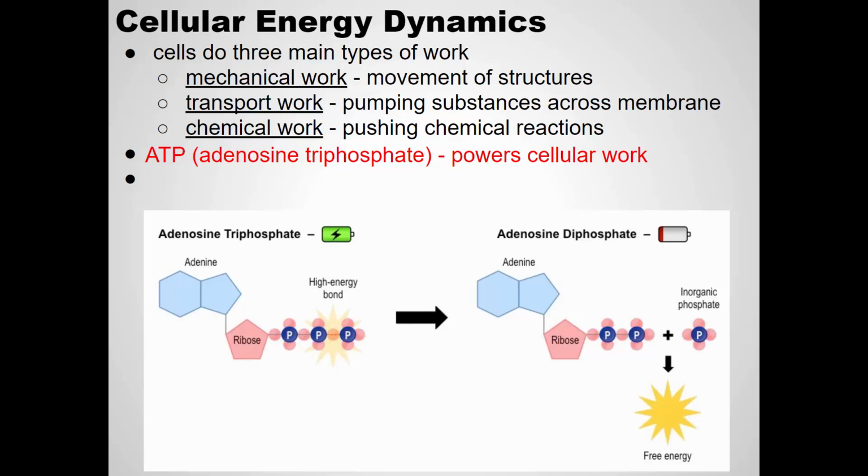ADP plus a phosphate that's been broken off. When this phosphate gets broken off, that releases energy that the cell can use to do something. After the energy's been used, it's ADP, adenosine diphosphate, plus this inorganic phosphate.